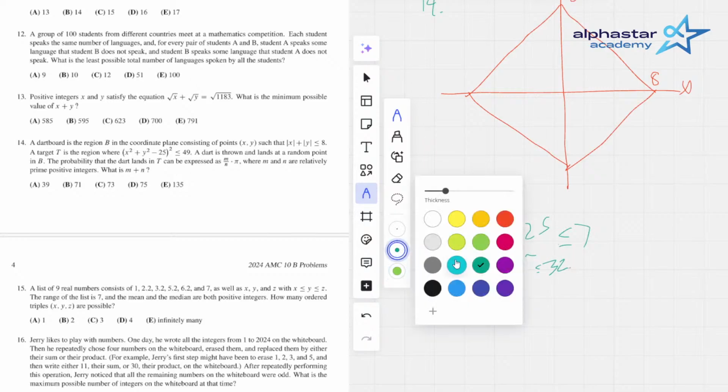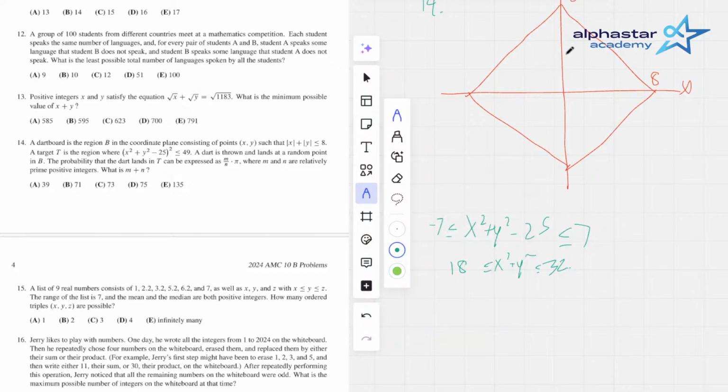Those are nice numbers, because then we can say it looks like this. We have a circle here, and then a circle here. Where this length is 3 root 2, this is 5 root 2.